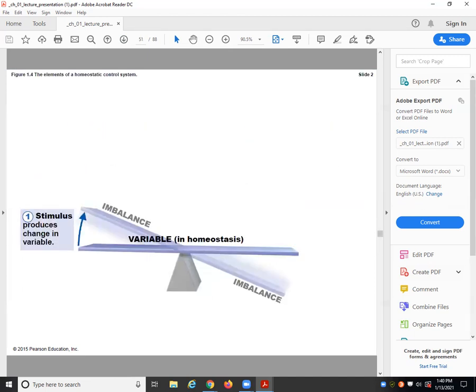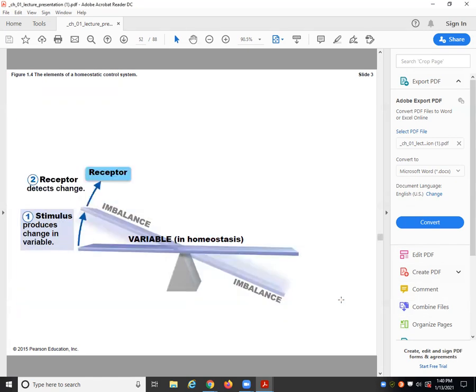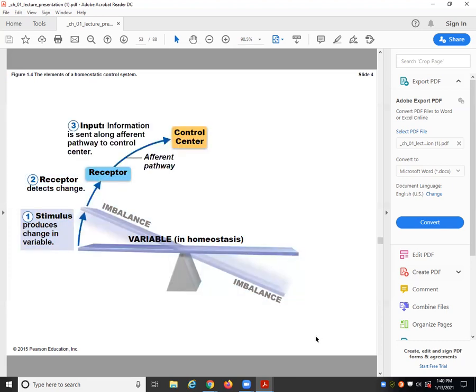Okay. All right. So we're going to start here. So basically, we're just explaining a homeostatic control system. So you start out with the stimulus. And the stimulus produces a change in some variable. So then you end up with the receptor that's detecting that change. And so because of the stimulus, you're out of balance, right?